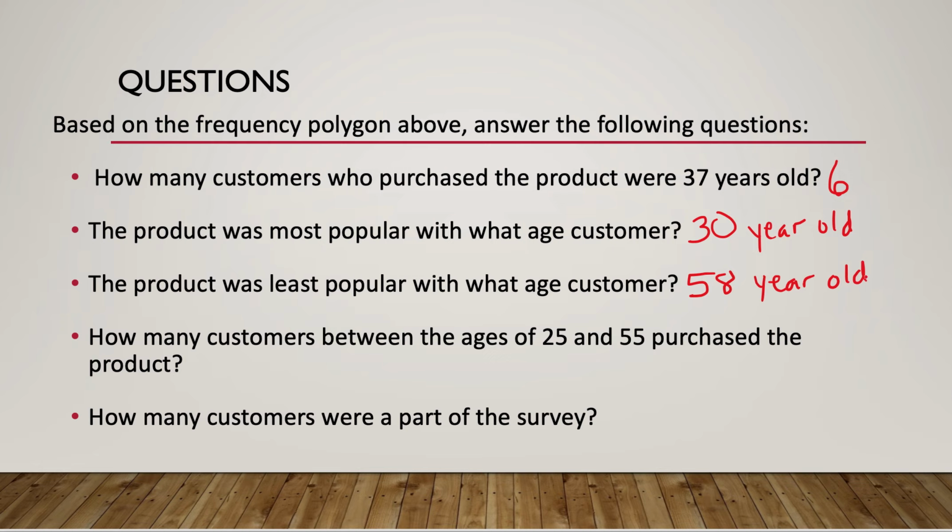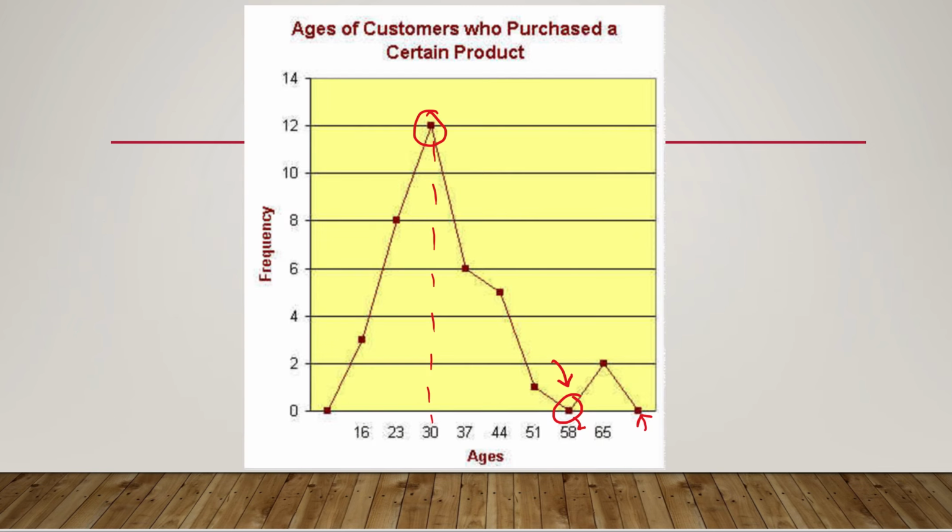All right, so my next question is a little bit tougher. It says, how many customers between the ages of 25 and 55 purchased the product? So between 25 and 55 for my ages. What makes this a little bit tougher to deal with is that those are not actually numbers that we see along the bottom of the graph, 25 to 55.